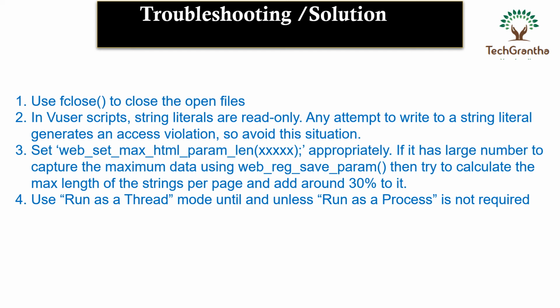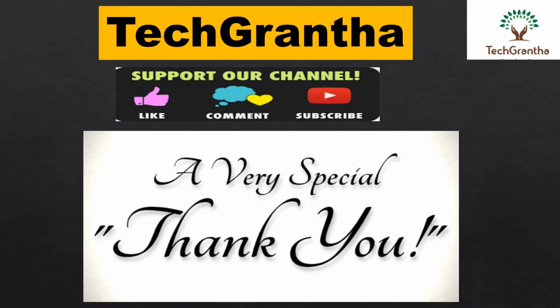Every time, don't forget to close any semicolon or curly braces in your script, otherwise it will throw an error. And the most important, the fourth point: whenever you are doing the execution, always run as a thread, not run as a process. Those are the common things to remember whenever you are troubleshooting memory violation and server premature disconnection.